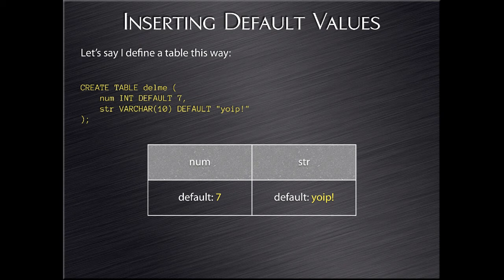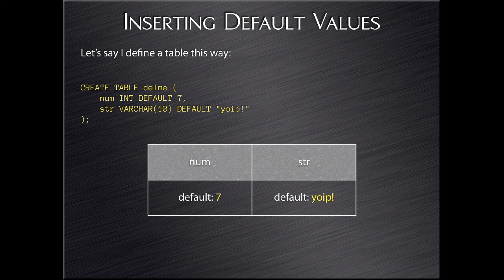The num is going to be an integer, but what I'm telling MySQL is that if I do not insert any data into the num column, that MySQL should put the number 7 in there. Why 7? I don't know. I just made this up. The second column is string.